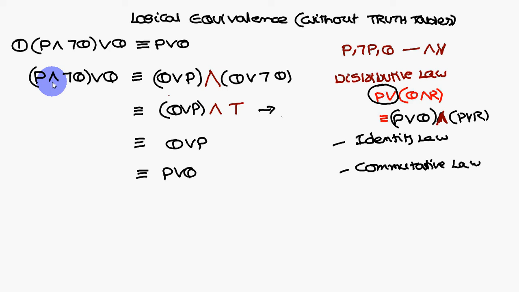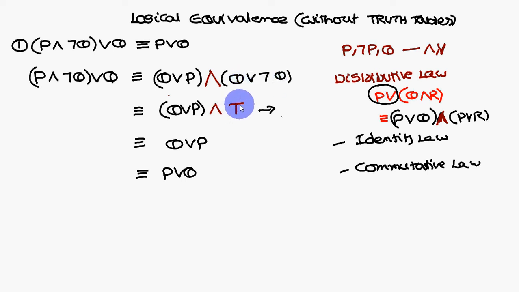Here AND and OR are there, so you can apply the distributive law. Consider this outside one as one unit: (Q or P) and (Q or not Q). Whatever symbol is left with AND, I have written here.